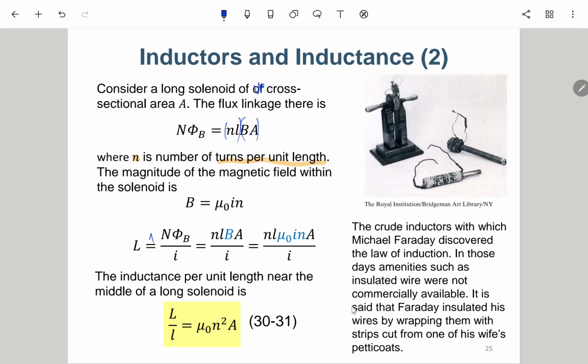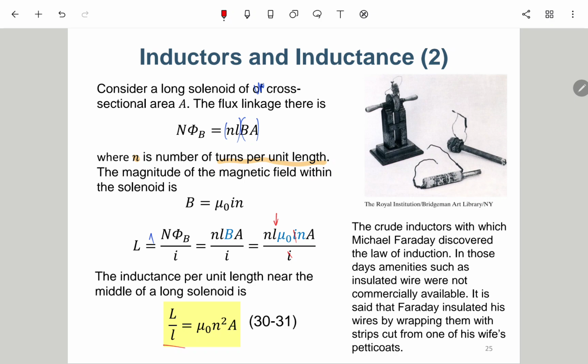So finally, we can cancel this I and this I, so this has nothing to do with the I. Then we move this L to the left side, so on the left side we have a capital L over small l, which means the inductance per unit length.